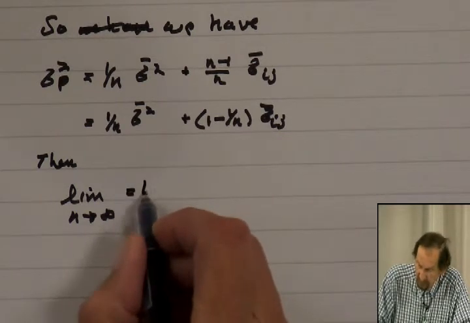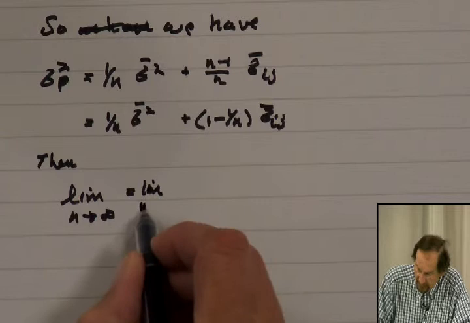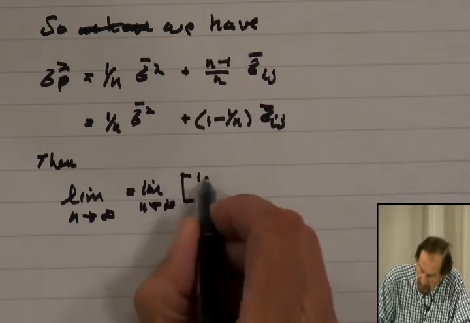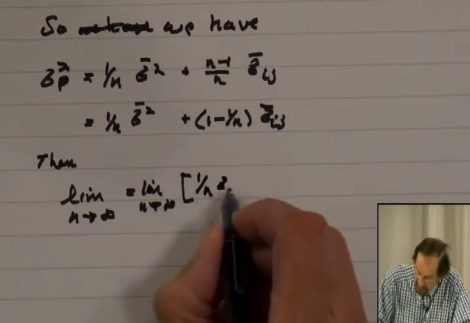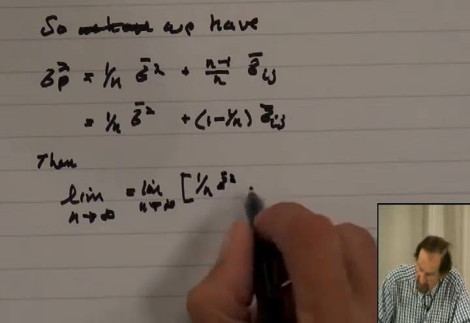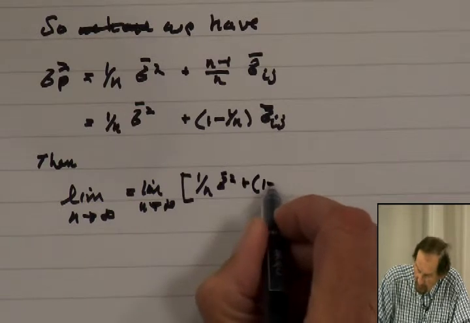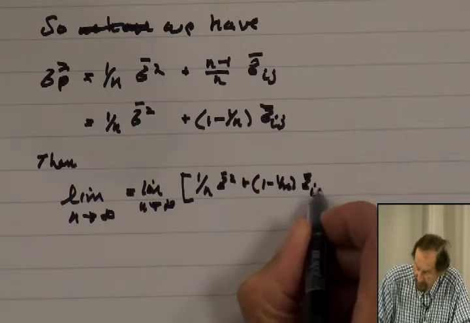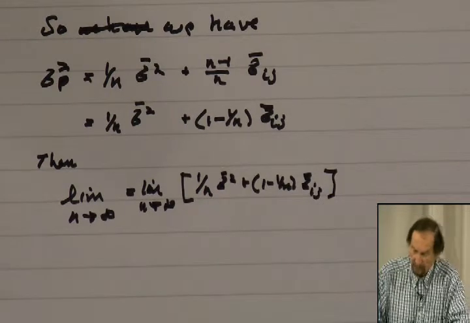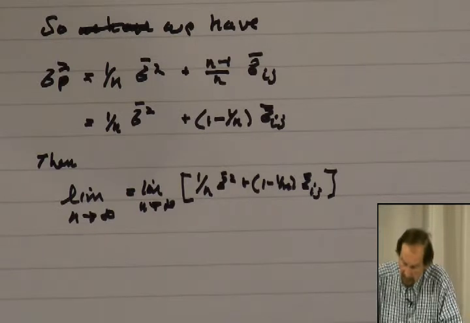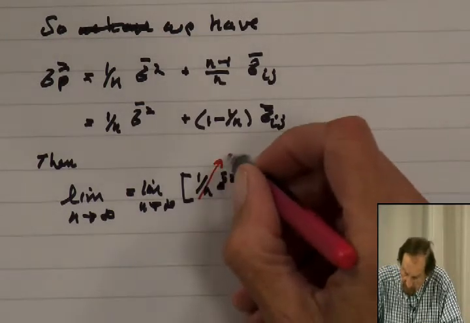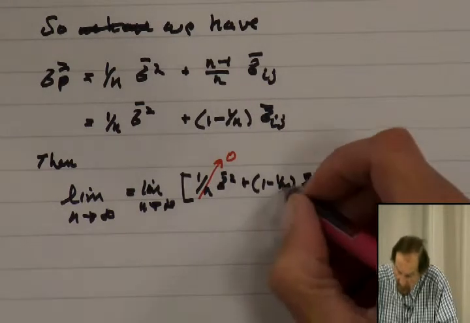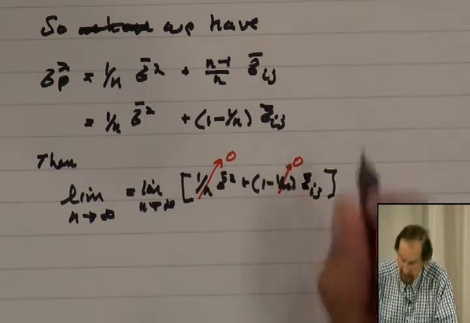Equals the limit as n goes to infinity of this term, 1 over n sigma bar squared plus 1 minus 1 over n sigma bar ij. Okay. So if n goes to infinity, this goes to 0. And this goes to 0. These two terms go to 0 in the limit.